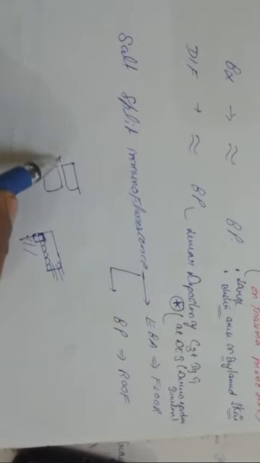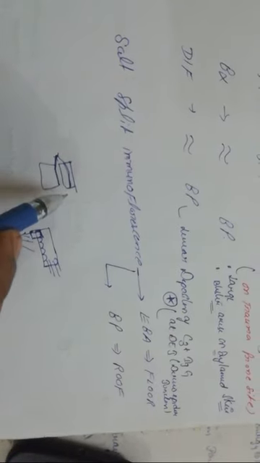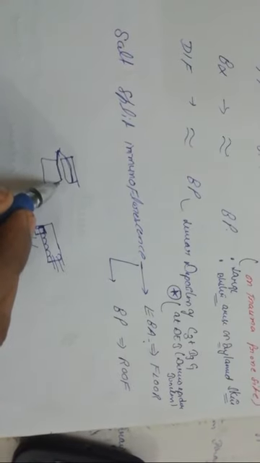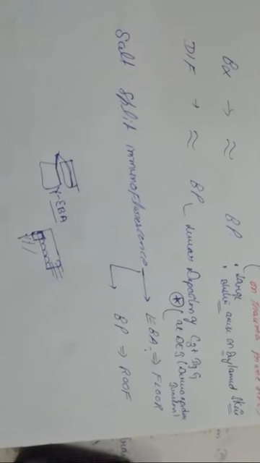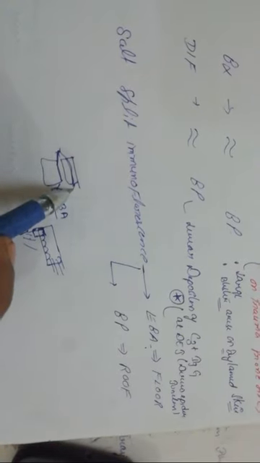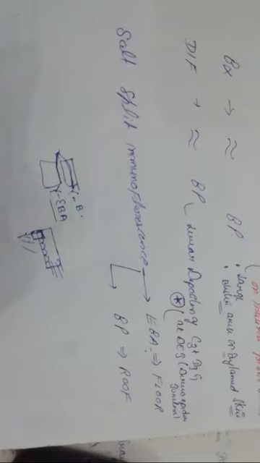Salt split immunofluorescence means that whenever you do immunofluorescence, the skin gets divided. So at the top you have the epidermis and down you have the dermis. Now if the antibodies are present at the bottom, at the floor, this is a case of EBA, that is epidermolysis bullosa acquisita, and if the antibodies are present at the top, this is known as bullous pemphigoid.